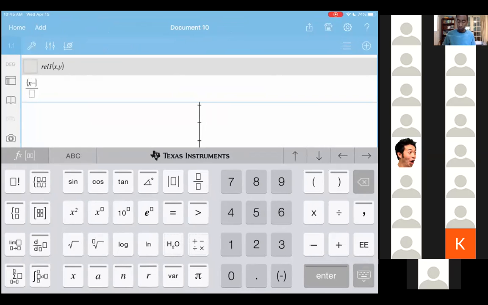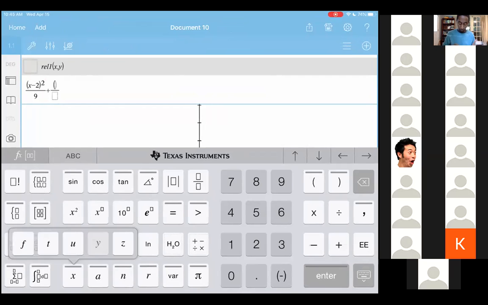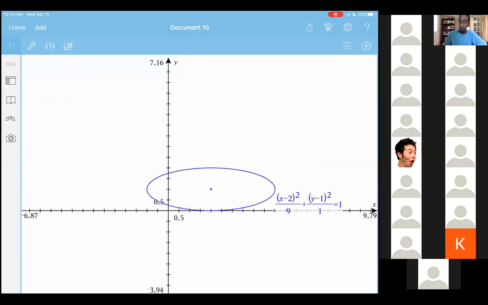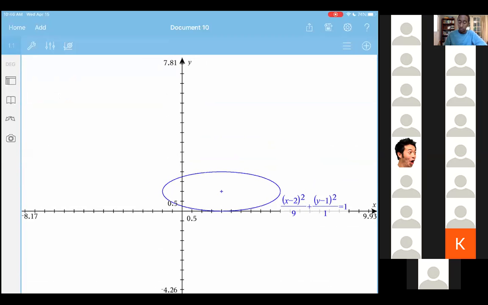It was X minus 2 squared, thank you, over 9 plus y minus 1 squared over 1 equals 1. Okay, so if you go delete and you go relation, you can graph it and you can see there that's the same ellipse that we had. That's also the way you can check your work.